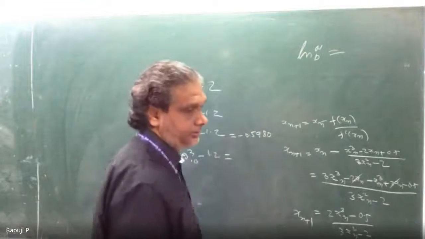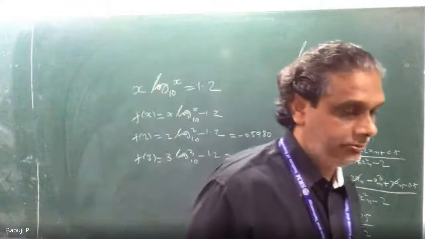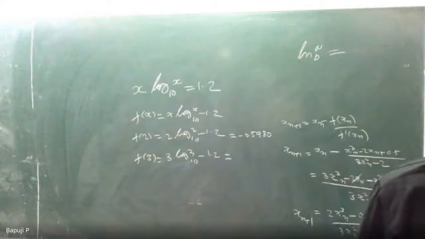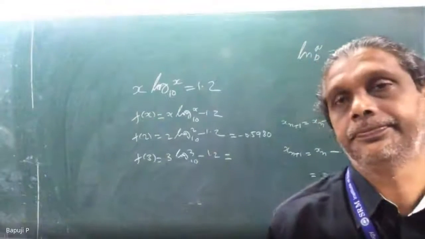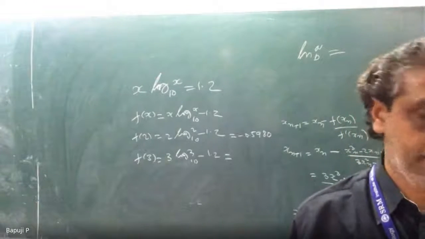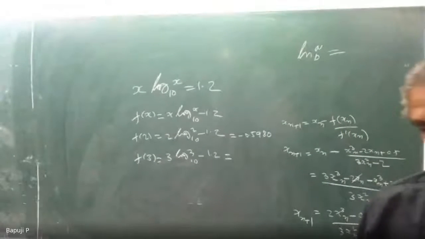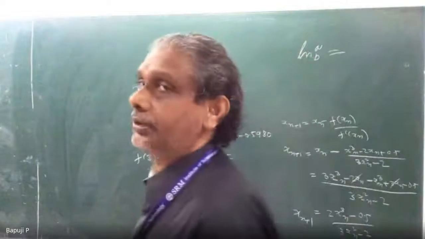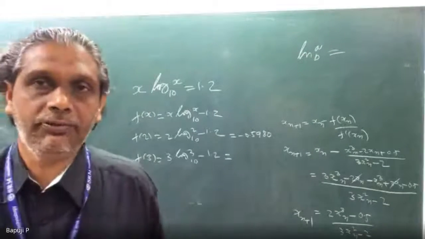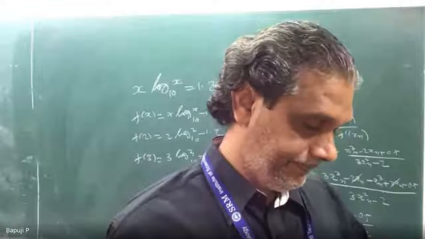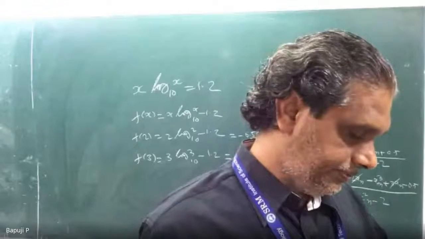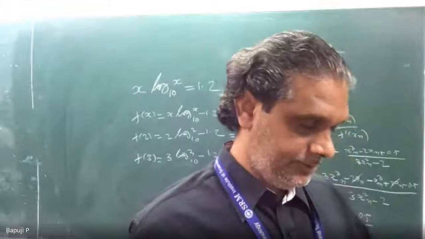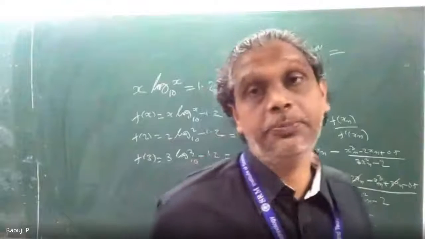Correct or not? Check at least. Are you there or not? Only one person is talking. Yes, sir, 0.7794 is coming. That is f of 3. We are finding out, sir. f of 2 I have written as minus 0.5980.